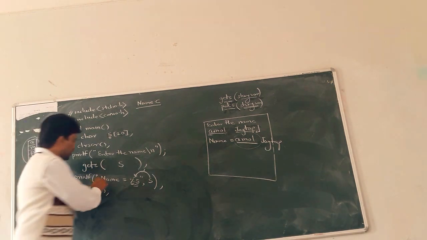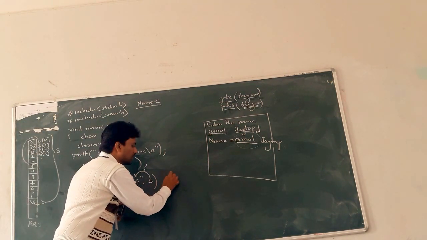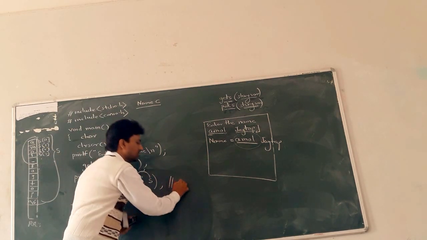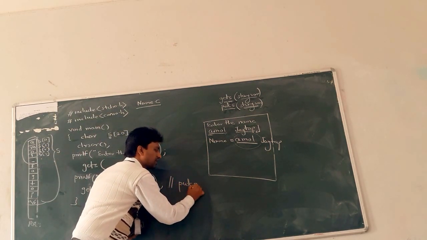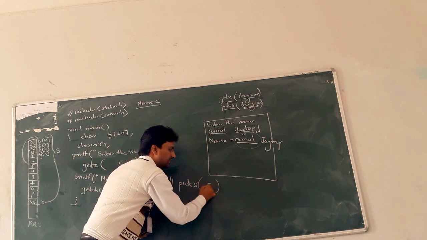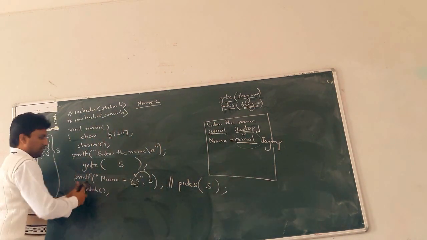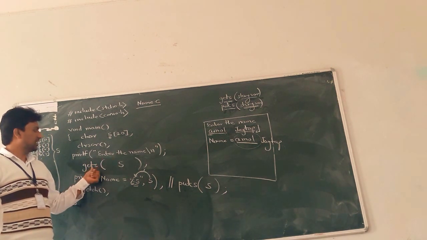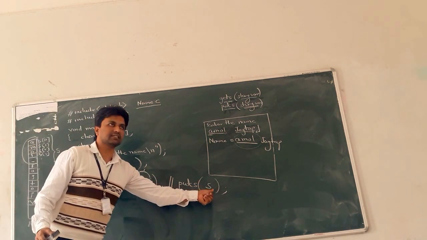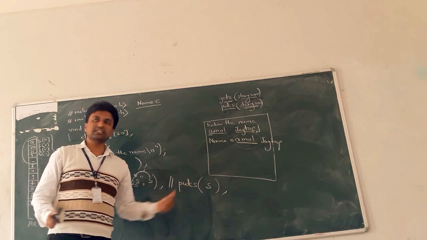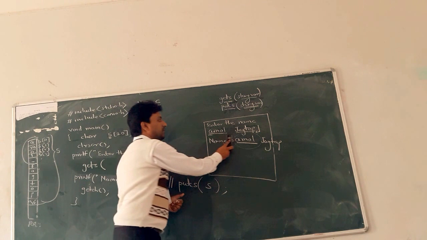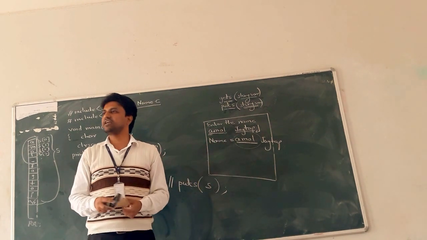And if instead of this printf you want to use puts, then it is possible. Just write puts and write s here and semicolon. Remove this function and instead of that use gets s and puts s. But what happens? This puts function we cannot format. Name is equal to, we cannot write like that.